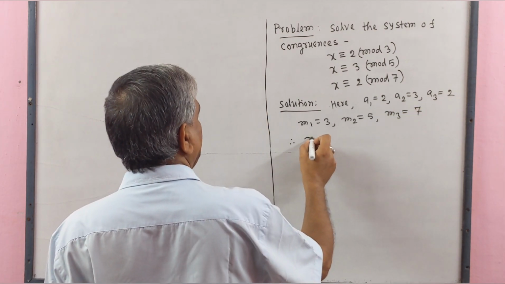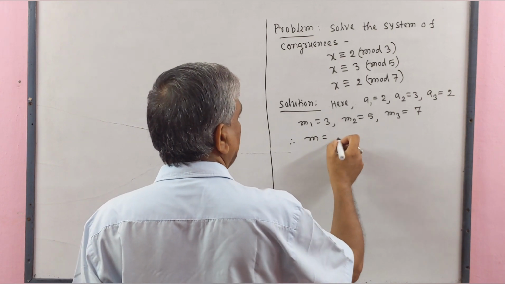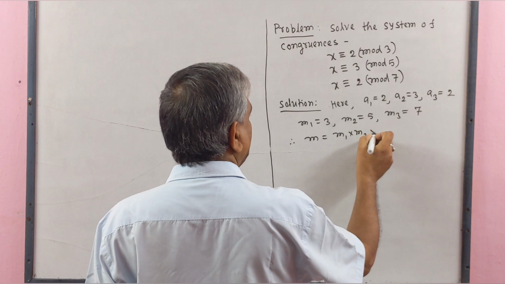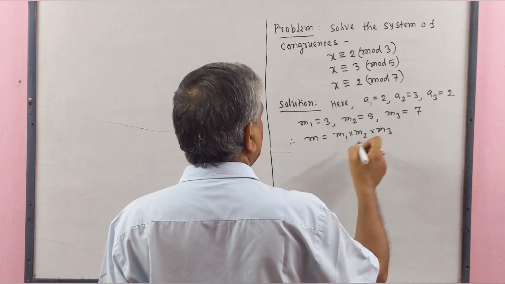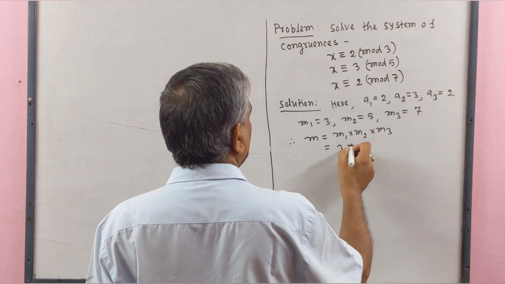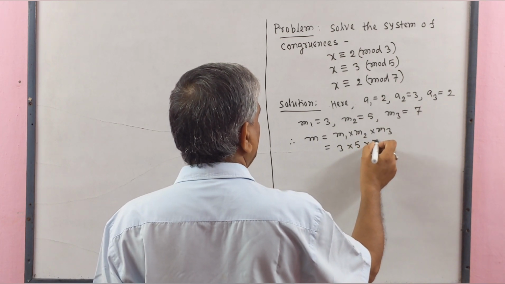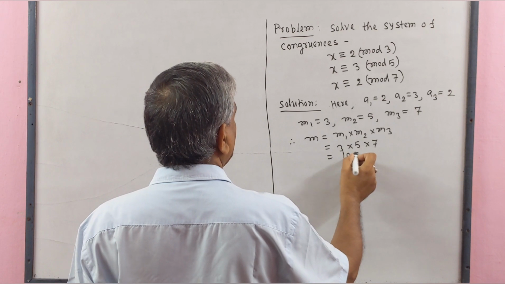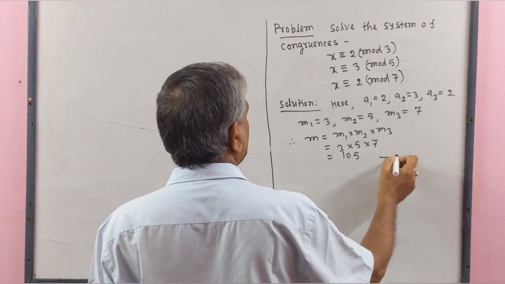Therefore, small m equal to m1 multiply m2 multiply m3. This is 3 multiply 5 multiply 7, and this is equal to 105. This is number 1.